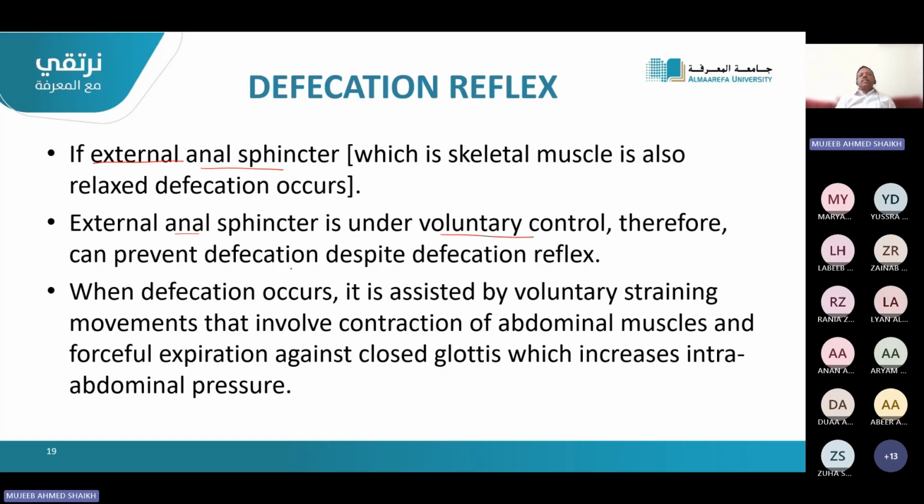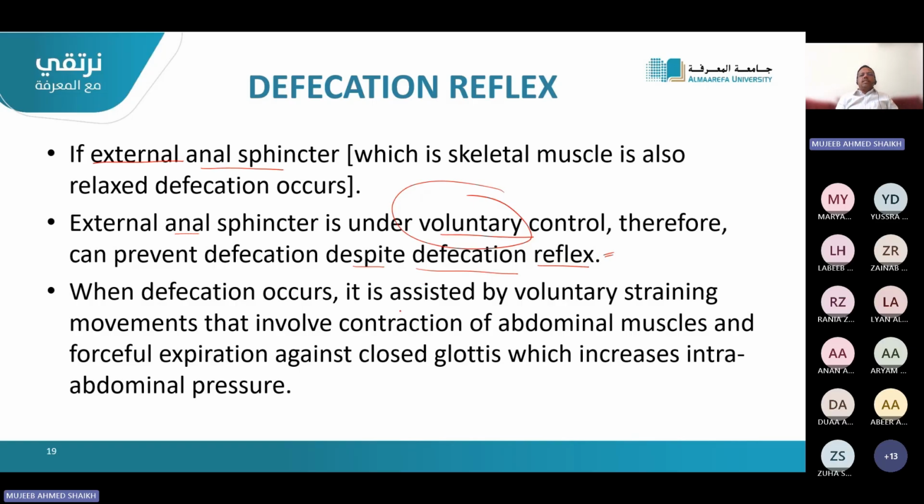Therefore, defecation can be prevented despite the defecation reflex. Sometimes the person will feel the reflex coming, but maybe he is traveling or in a meeting or in a classroom. He will try to finish the lecture or the meeting or the traveling, then go to the bathroom, because it is under voluntary control, although the reflex is coming.